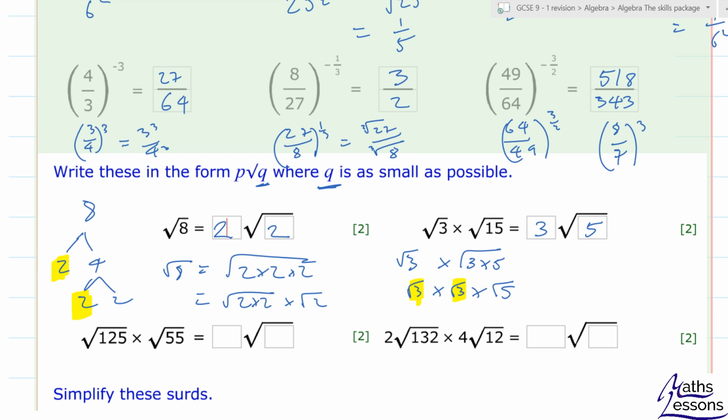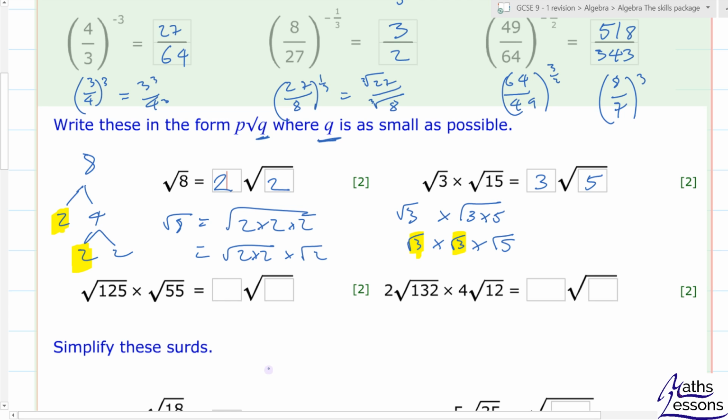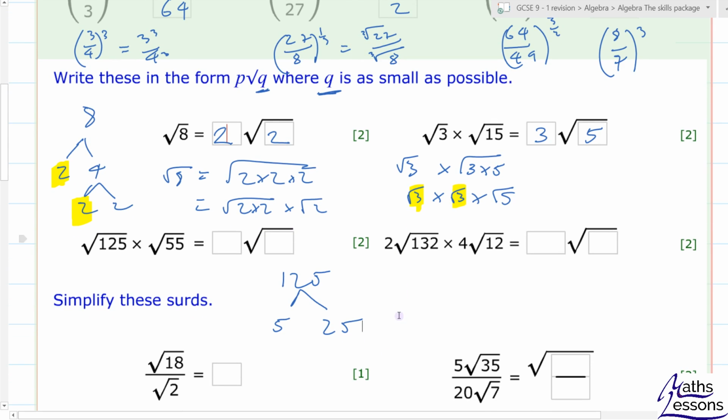Right, let's have a look at these. So the square root of 125. Now you may or may not spot what square numbers go into that. Don't worry, just prime factorize. We can see that 5 goes into 125, at least 25. So we can see that's 5 times 5 times 5.